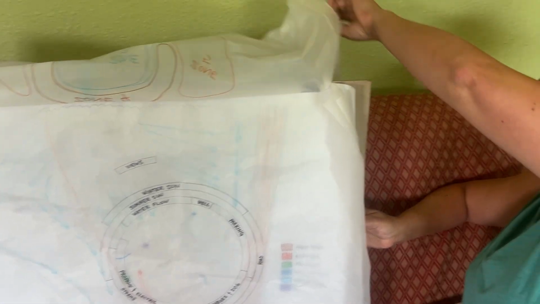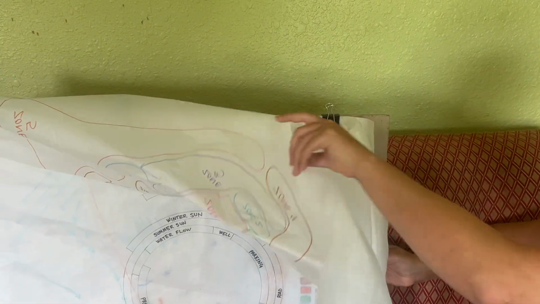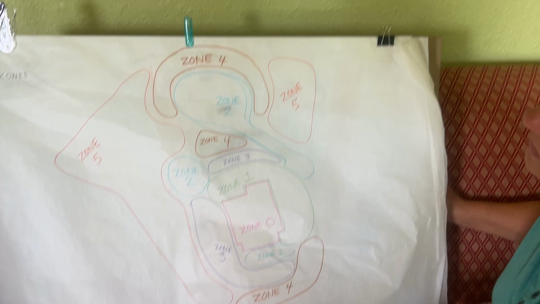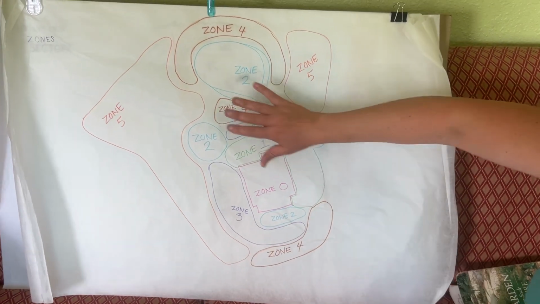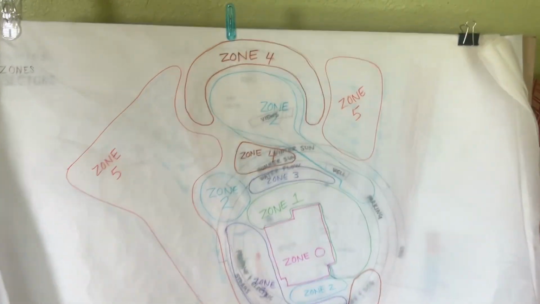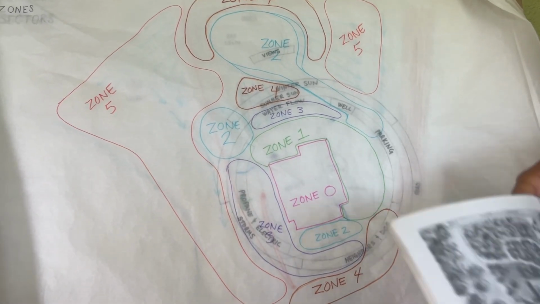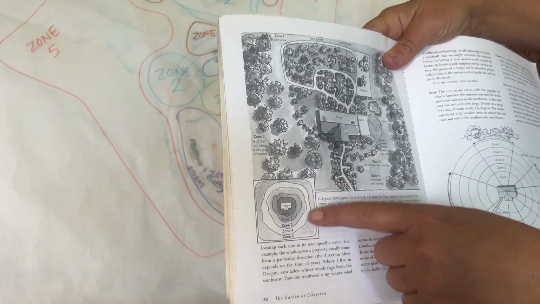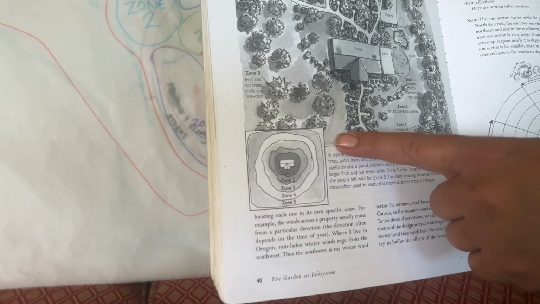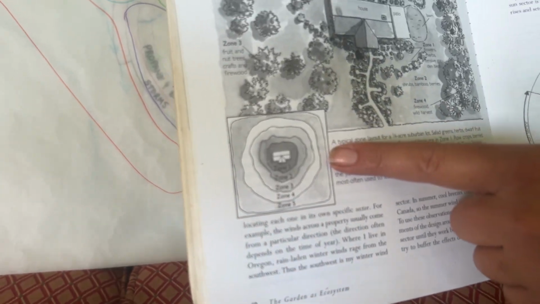And then lastly, to our zones. And so when you've looked in books before, they make the zones look like concentric circles, which I have yet to work on a property that has concentric circles.